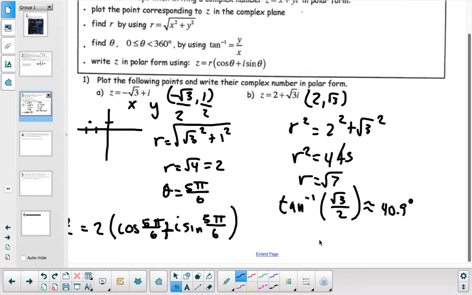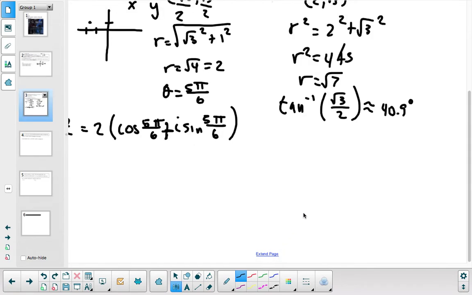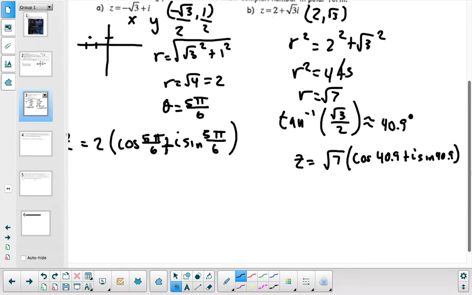It shouldn't matter. 40.9 just because my calculator was in that mode, and that's as thought out as I could get. So we're going to just put it into the form. z is equal to root 7 times cosine 40.9 plus i sine 40.9. And again, these mean exactly the same thing. One is, I should say, about.